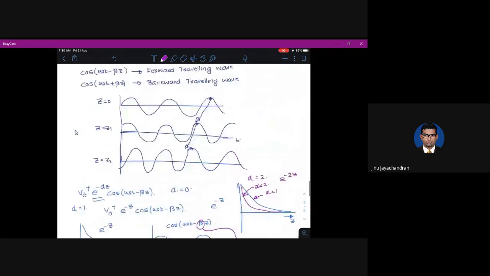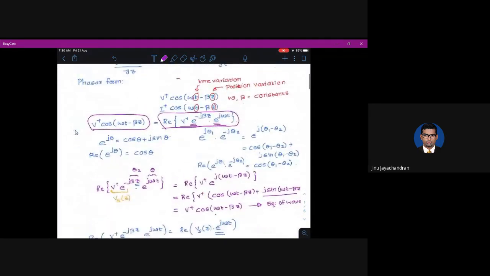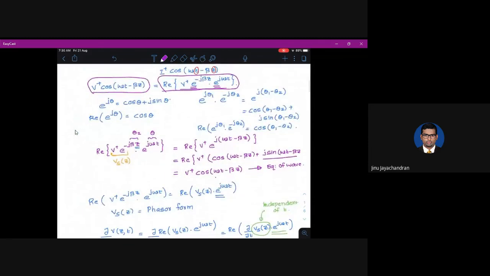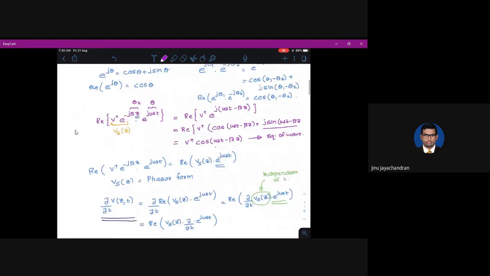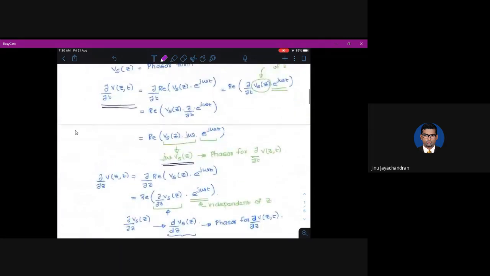So in our discussion today, we found the phasor form of a sinusoidal wave. We represented it in phasor form, and using the phasor form we found the different partial derivatives with respect to t and z.